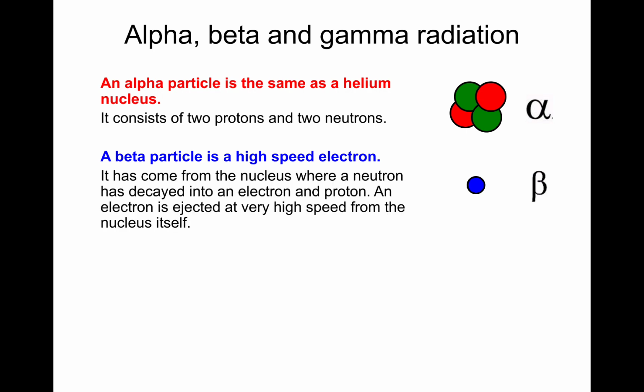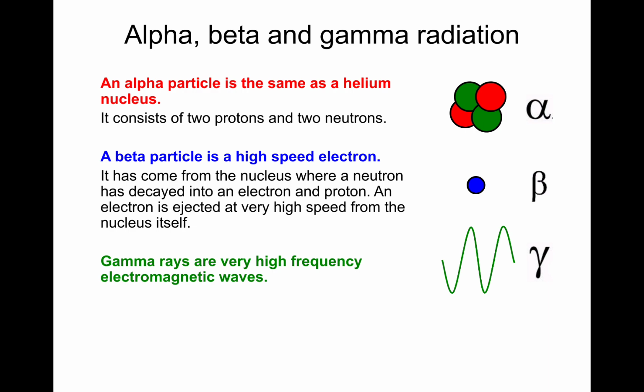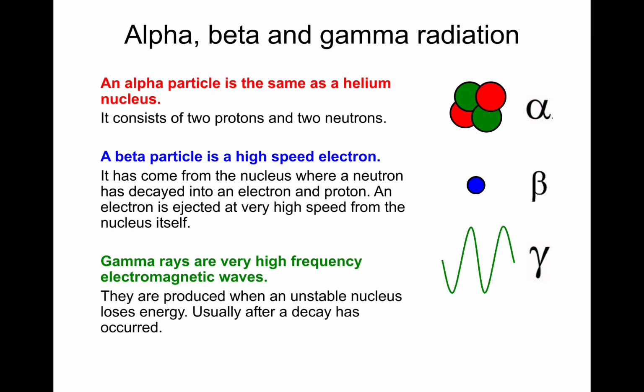It comes from the nucleus where a neutron has decayed into an electron and a proton. An electron is ejected at very high speed from the nucleus itself. And gamma rays are very high frequency electromagnetic waves, and they're produced when an unstable nucleus loses energy, usually after a decay has occurred, either by alpha or beta decay.